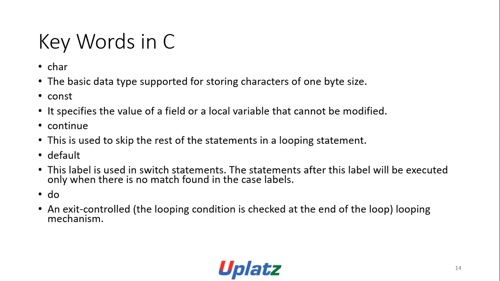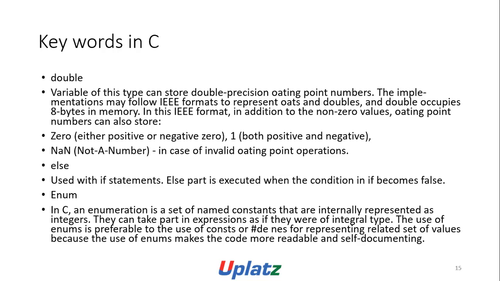Do is an exit control loop. The loop condition is checked at the end of the looping mechanism. Double: a variable of this type can store double precision floating point numbers. Implementations may follow the IEEE format to represent floats and doubles.